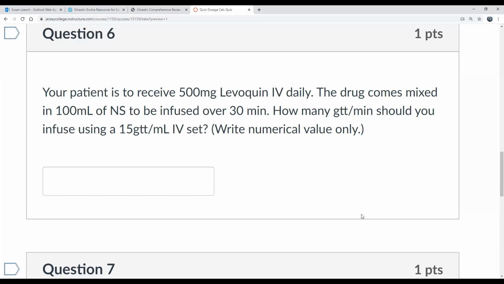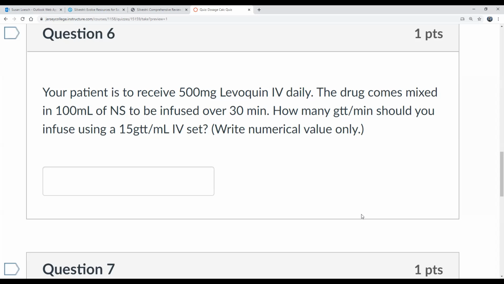All right, so what's it asking us for? GTT per minute. Okay, so what do you need? It's always the same thing for drops per minute: the volume over time times the drop factor.